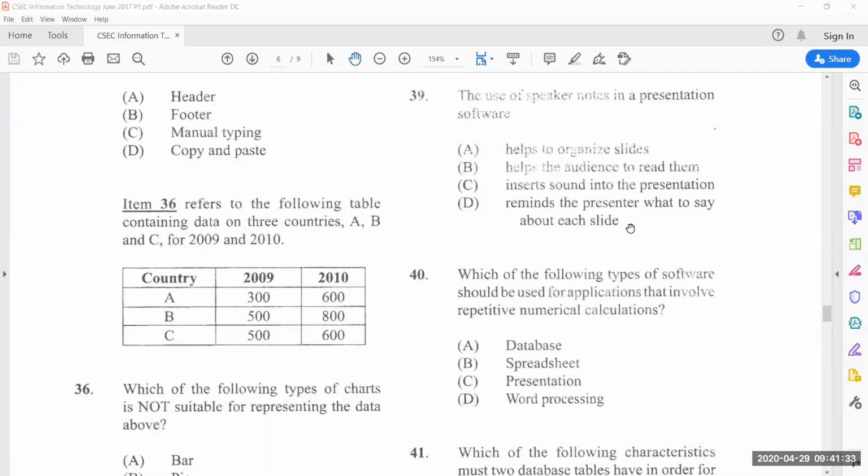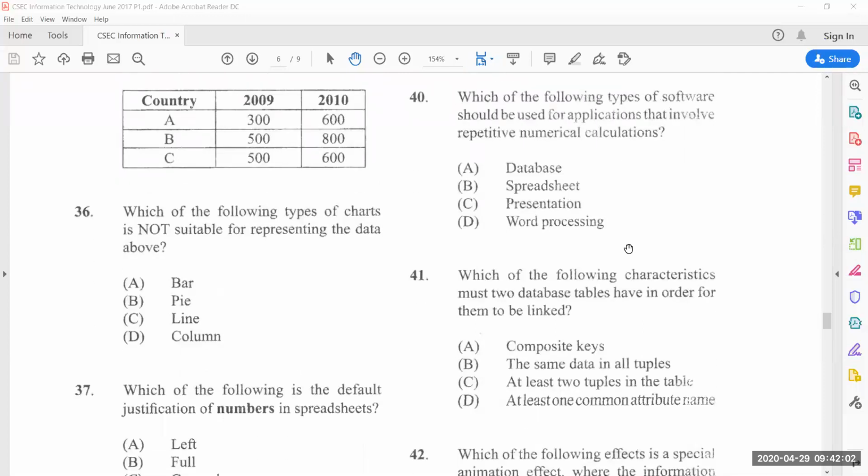Because generally what you will do in a PowerPoint presentation is you will have bullet points or diagrams, right? And the presenter actually speaks to those different items. And what they could do is they could have the speaker notes that add more information to remind them what each slide is about. So the answer is D for 39.